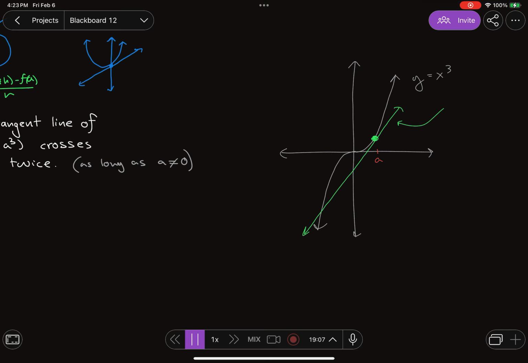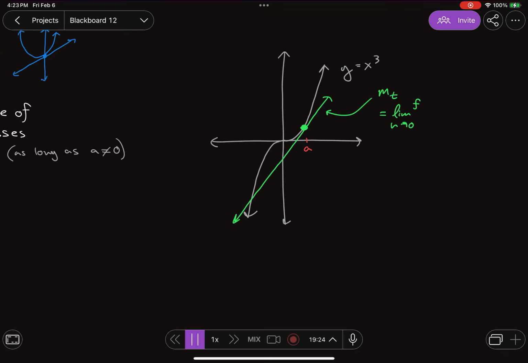The slope of the tangent line, m sub t, is by definition equal to the limit as h approaches 0 of f of a plus h minus f of a, all divided by h. That's the definition of the slope of this line. But notice it's going to cross twice.